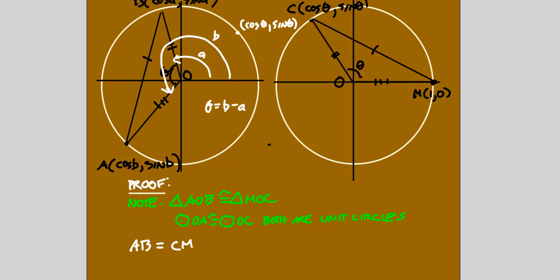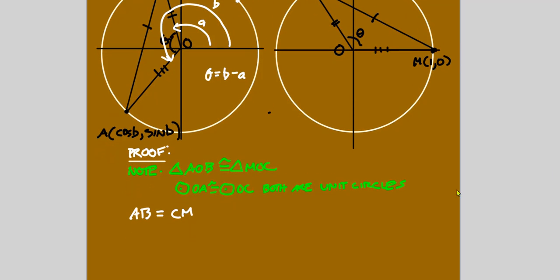Okay, so using the distance formula, now remember distance formula is D equals the square root of the difference of the x coordinates squared plus the difference in the y coordinates squared. So that's what I'm going to apply here.